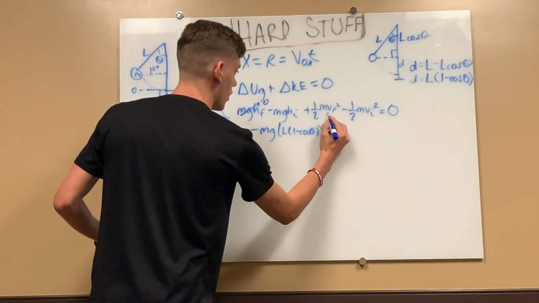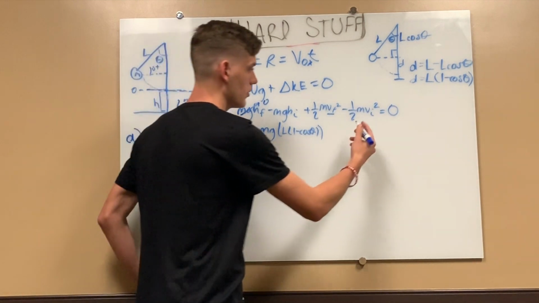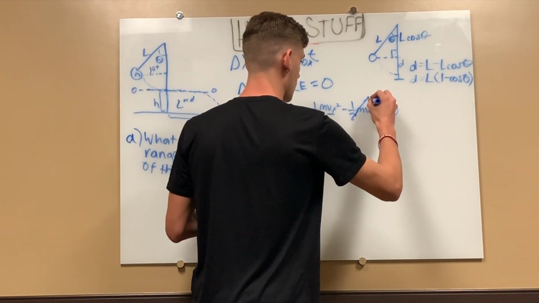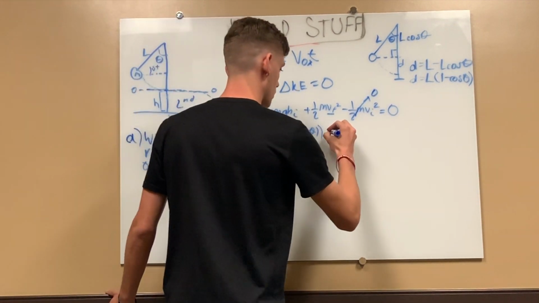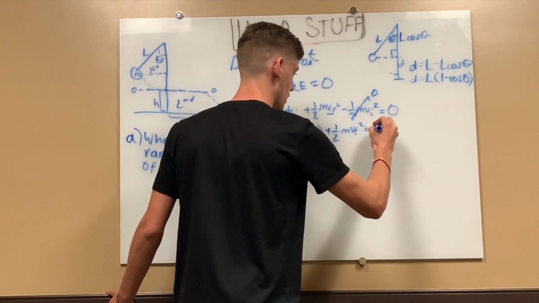And we're trying to solve for our final velocity, so let's not do anything with that yet. And we know that this ball is being held at rest initially, so we can say that this goes to 0. So what we have now is this equation.